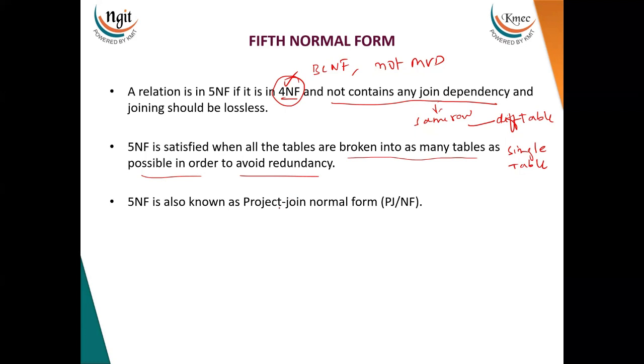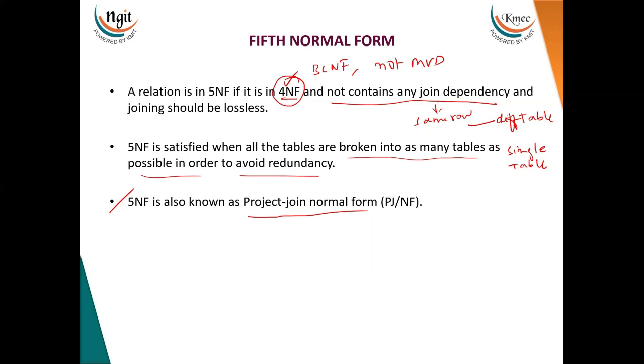So decomposition is allowed in every normal form, but the difference with 5NF is that it is going to break down the original relation into as many tables as is possible to avoid redundancy. And coming to the last point, it is also known as PJNF, which stands for project join normal form. Fifth normal form, the other name is project join normal form.